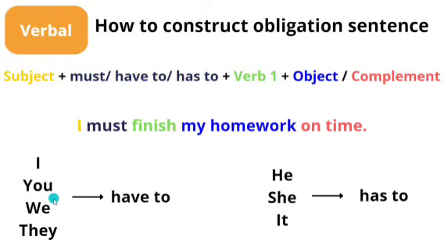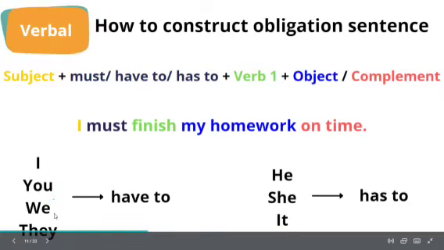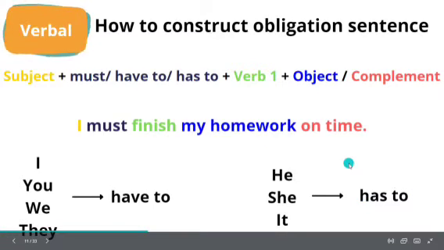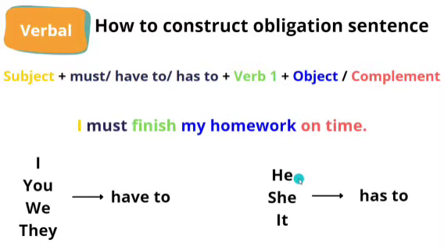Bisa lebih dari satu orang ya. It can be more than one subject. And for has to, dan untuk has to, itu digunakan untuk siapa, Miss? It can be used for he, dia laki-laki, she, dia perempuan, dan it. Okay? So, you must remember, if you want to use have to, berarti subjeknya I, you, we, they. Sedangkan kalau has to, kalian bisa menggunakan he, she, it, atau nama orang yang jumlahnya satu.